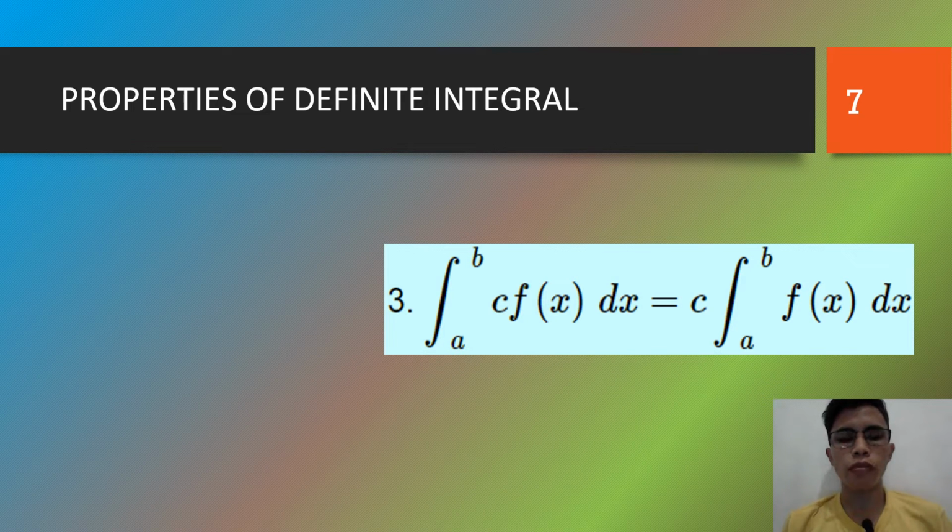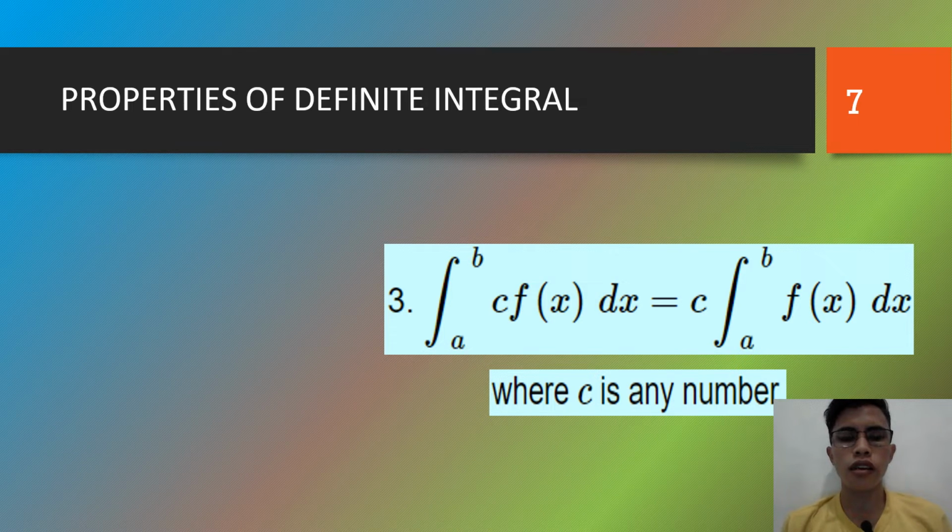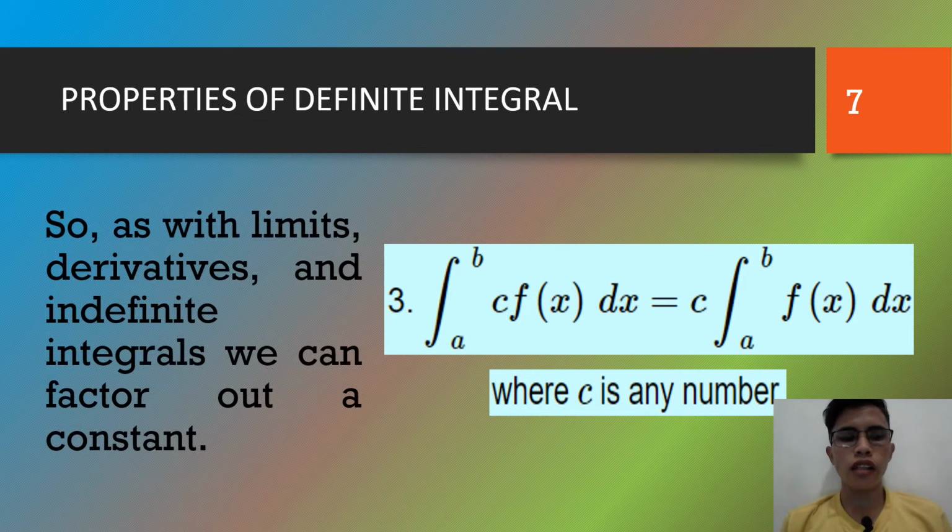Next, we have property number 3. So according to property number 3, as with limits, derivatives, and indefinite integral, we can factor out a constant. So here, say for example, if we're going to integrate c f of x, where c is any number or a constant, f of x dx from a to b is equal to, ilalabas muna natin yung constant para yung ating i-integrate na lang yung function f of x dx.